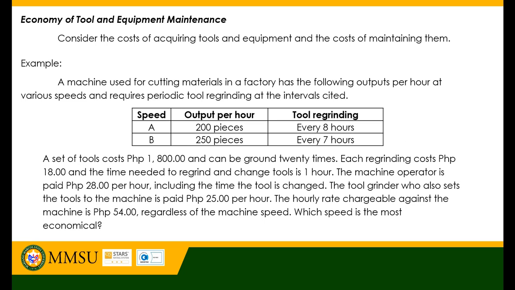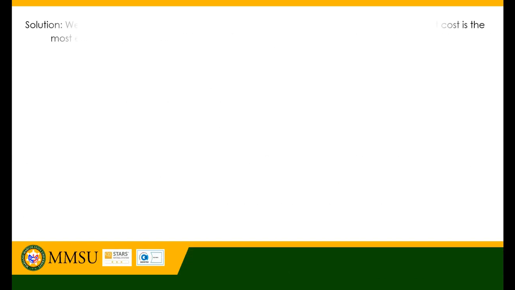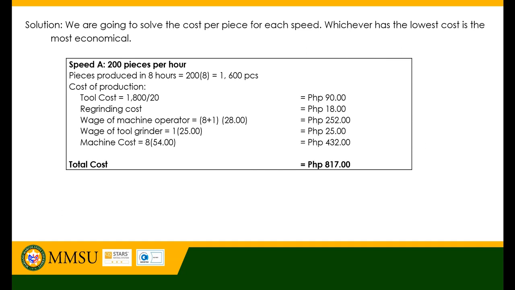Oh, sorry, naguluhan lang ako. Going back. So, pieces produced in 8 hours is 200 times 8. Per hour kasi 200, no? So, 8 hours yung regrinding. So, every 8 hours, meron tayong 1,600 pieces.